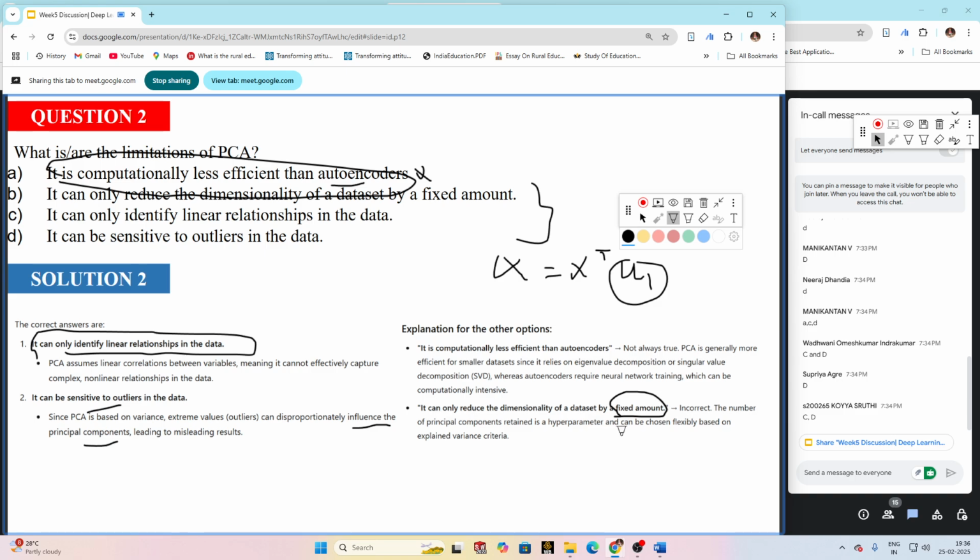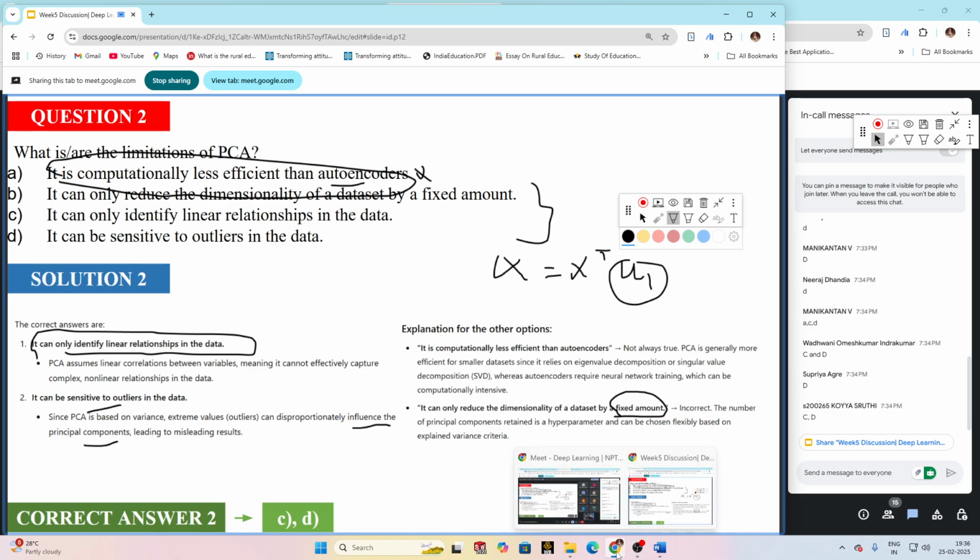But here it is written it can only reduce to a fixed number of principal components. The number of principal components can be a hyperparameter, like we have chosen for 95% of variance. That is why it is not the right answer. So options C and D are correct answers.